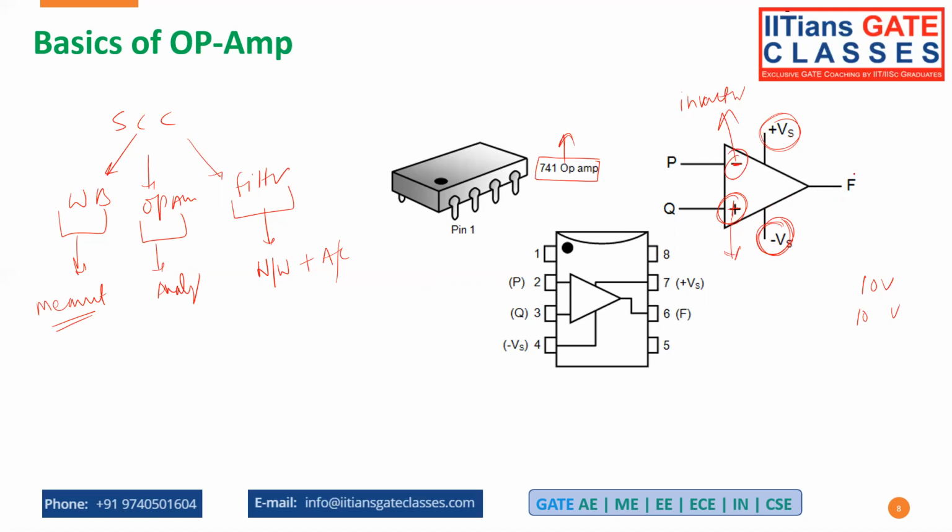But if your output is 11 volts and your supply is 10 volts, then your output is going to be saturated at 10 volts. It's not going to be 11 volts. If you're getting minus 11 volts and your saturation is plus minus 10, your output is going to be minus 10. It will saturate at the negative V side. These are the basic concepts you're going to study in your analog circuits.